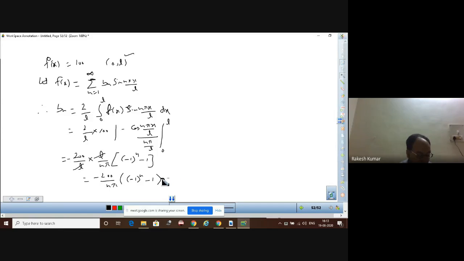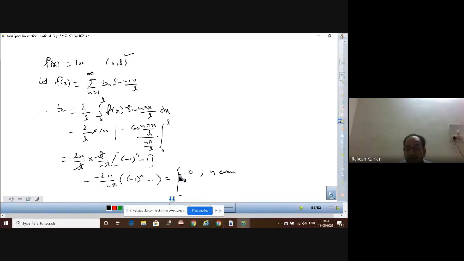You can also discuss the even odd case, and clearly this value will be 0 if n is even, because minus 1 raised to power even will be 0. And when n is odd, the value will become negative 1, negative 1, negative 2, and you will get negative 400 over n pi.